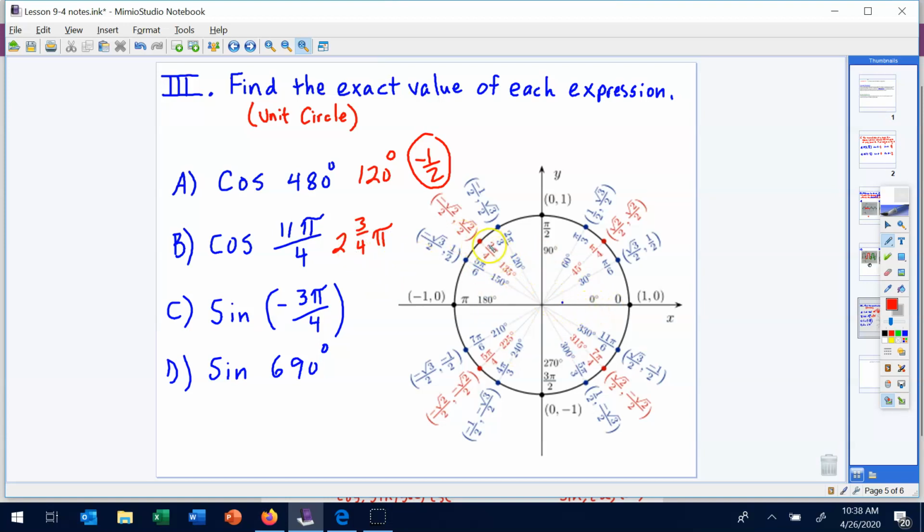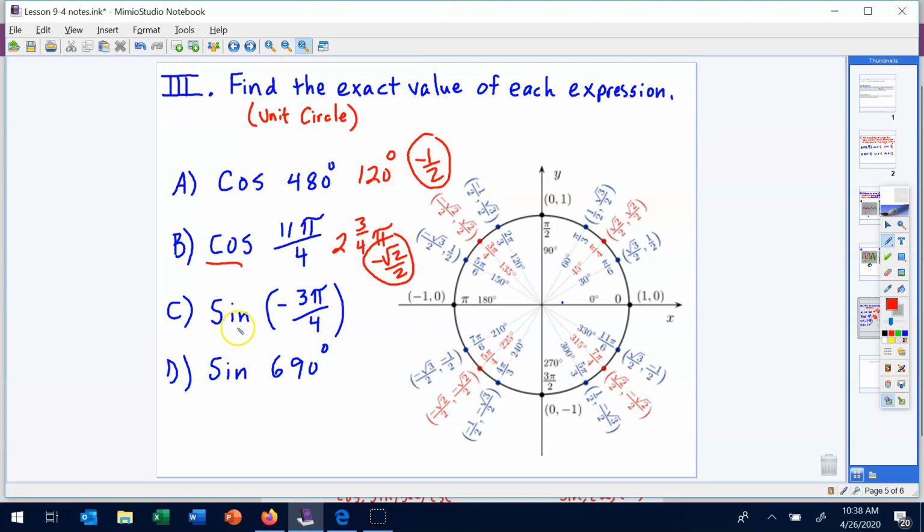So really we're talking about an angle that would be coterminal with 3 pi over 4, or 3/4 pi. So all I have to do is go to 3/4 pi. You could either think of that as coterminal, or it's also a reference angle at 3/4 pi, and we're looking at the x coordinate for that point, and that would be negative square root of 2 over 2.